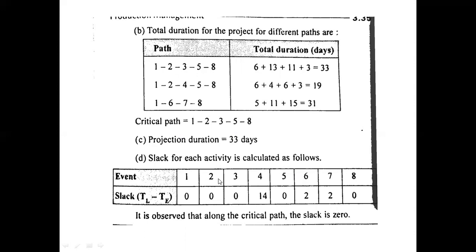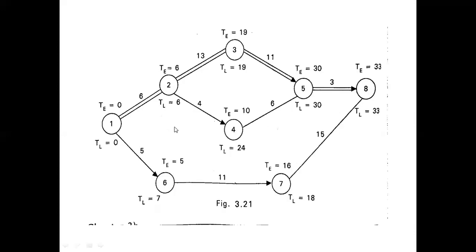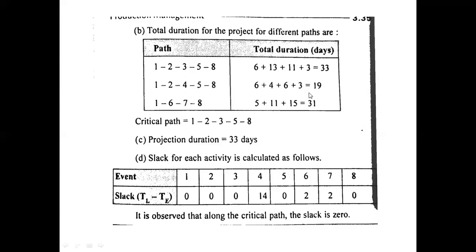So connect these with a double line arrow mark. Okay. So see here, the critical path is given with a double line. So it is observed that along the critical path, at each and every node, the slack is 0.